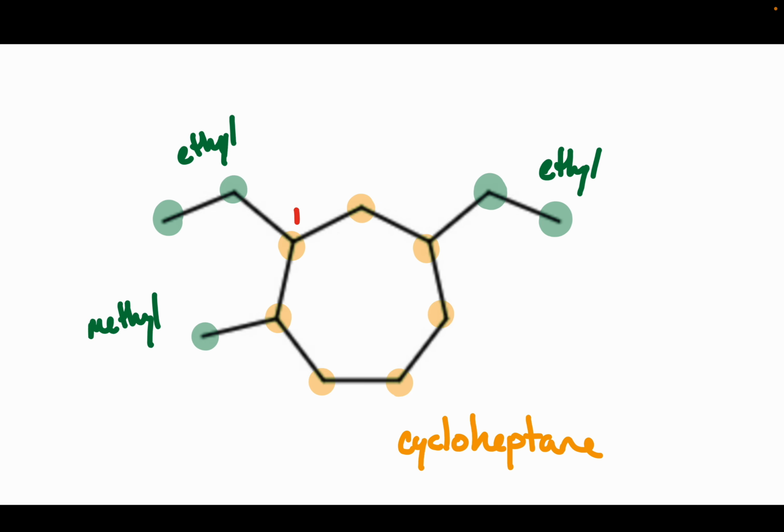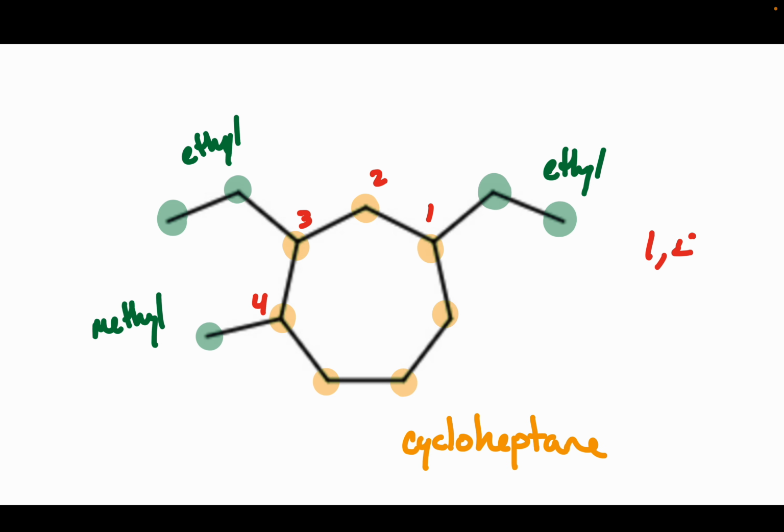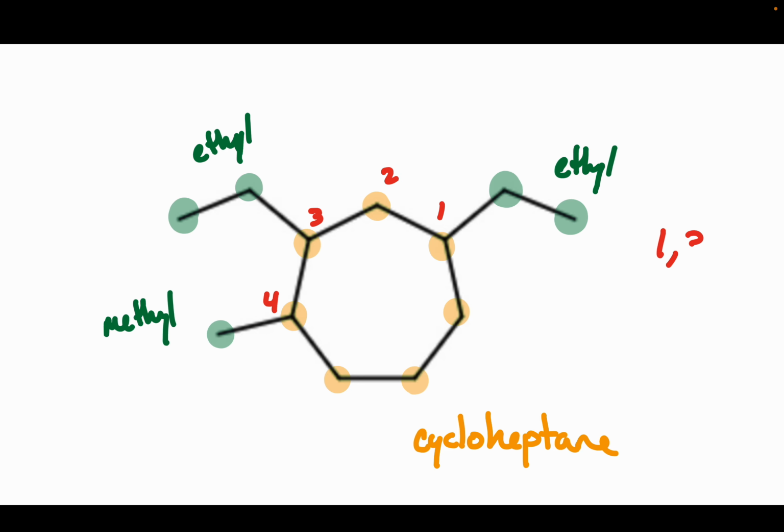I want the lowest possible number. If we go this direction, 1, 2, 3, 4, that's a 1, a 3, and a 4 in the name. If I go the other direction, 1, 2, 3, 4, that's a 1, a 2, a 4 in the name. So I'm going to want to use that blue numbering scheme because I, again, want the lowest possible number in my name here.